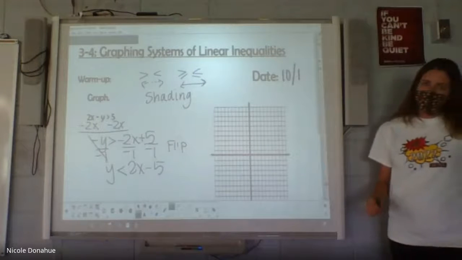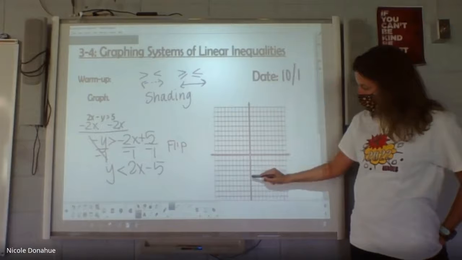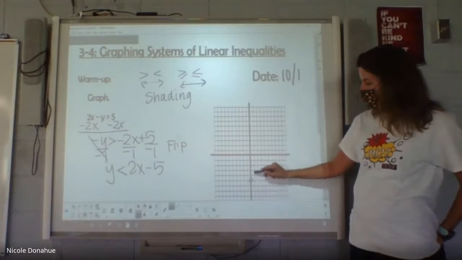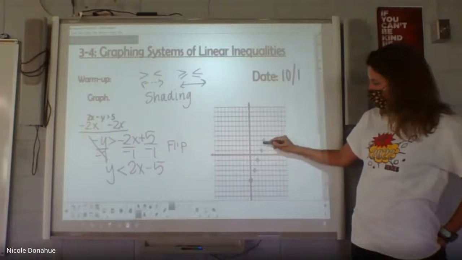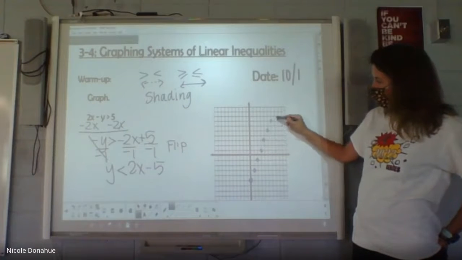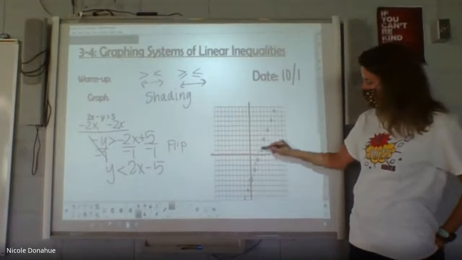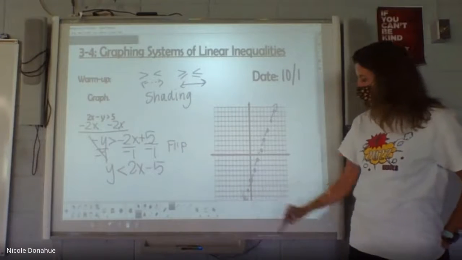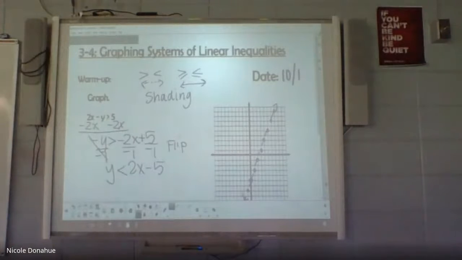So we're going to begin on the y-axis at negative 5. And then we'll do up 2 over 1. And don't forget about our dotted line. And then we have to decide where to shade.